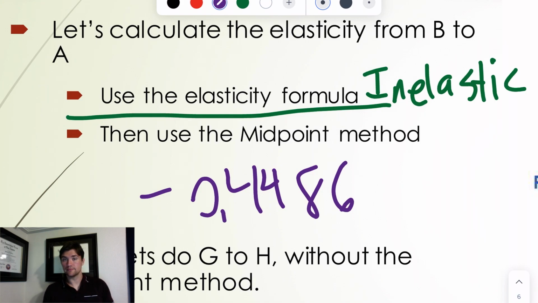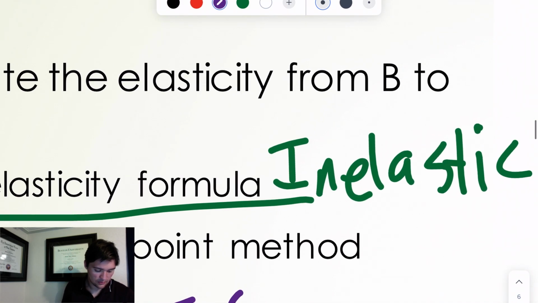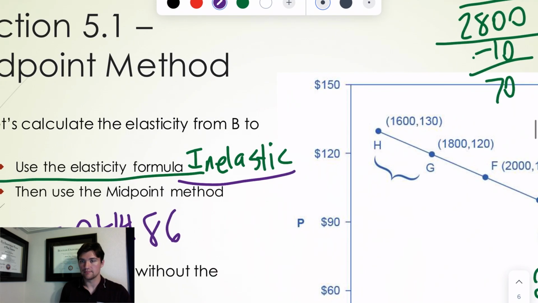So that's why we use the midpoint method sometimes, to get the average between the 2 points. Basically you get both worlds at one time. So either way we look at this, what kind of good is this? It's 0.44. That's 0 point something, so that is inelastic. Okay, inelastic. Same thing.